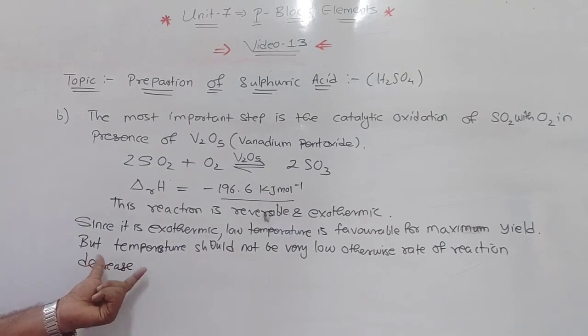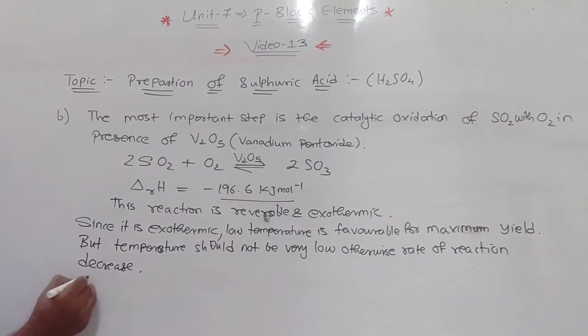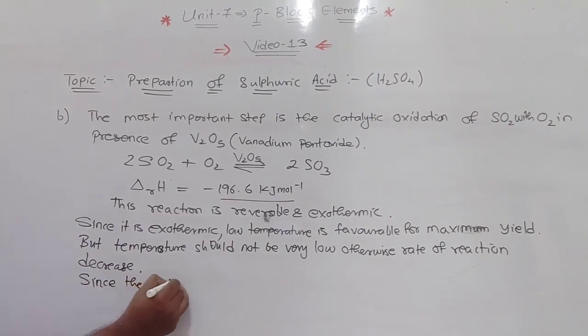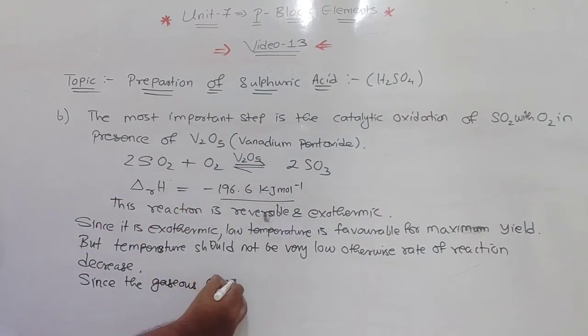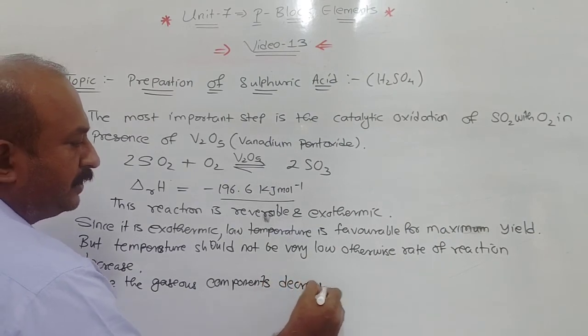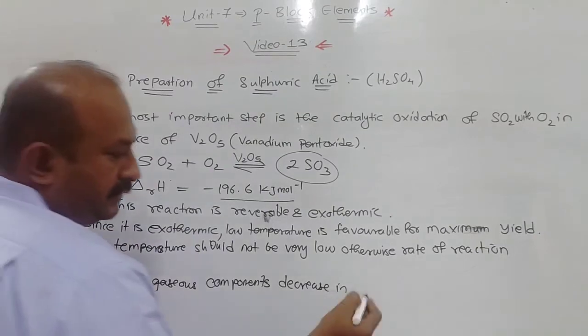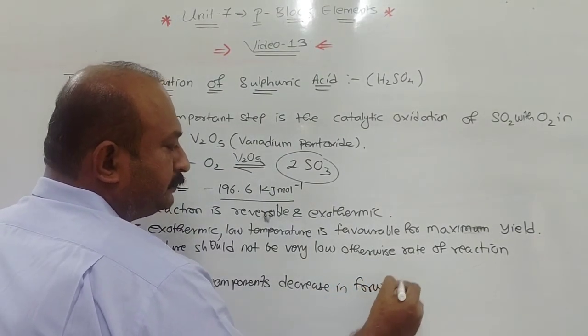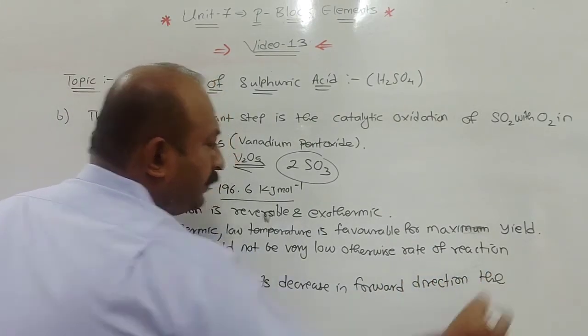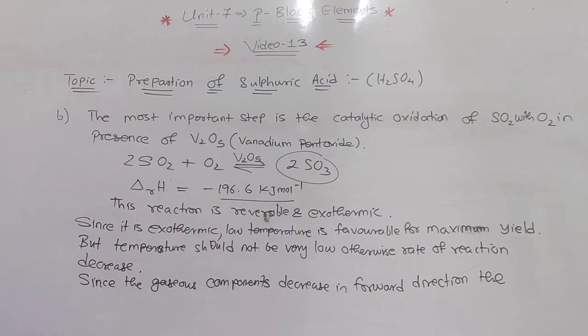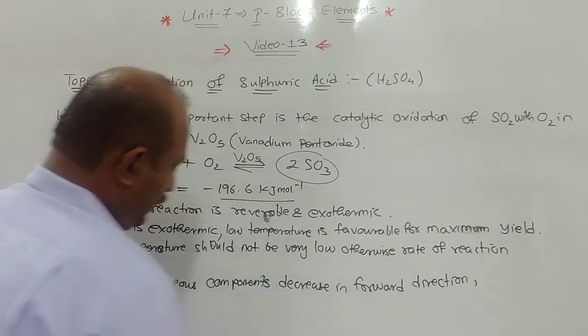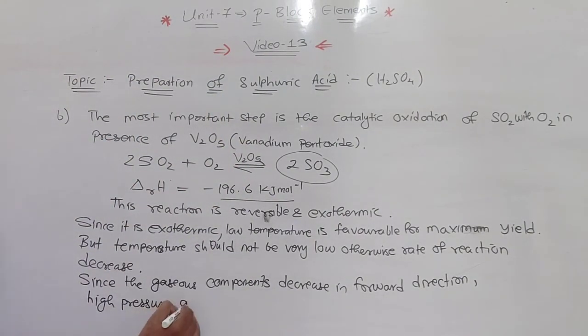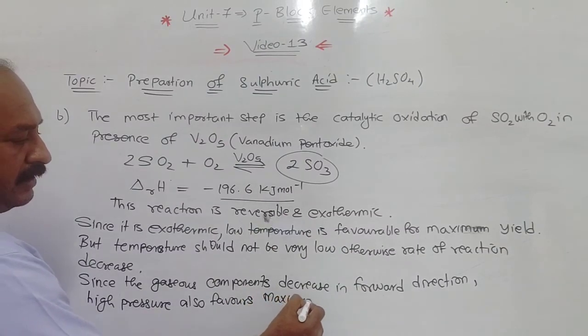Now since the number of gaseous components decreases in the forward direction, high pressure also favors maximum yield or production.